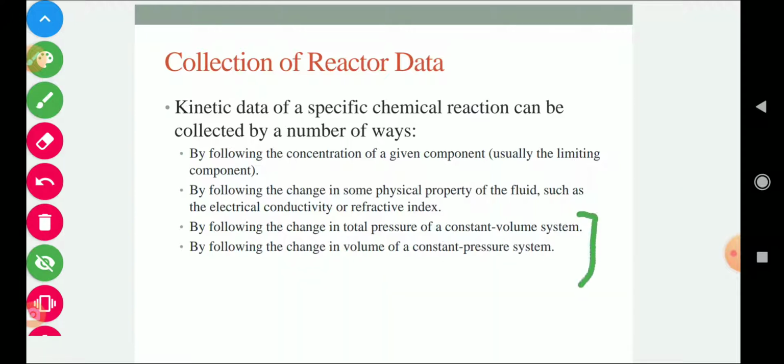In simplified form, for a constant volume system, we measure pressure with respect to time and then convert that pressure value into concentration. Similarly, for a constant pressure system, we measure total volume with respect to time and then convert that volume into concentration using the ideal gas law.